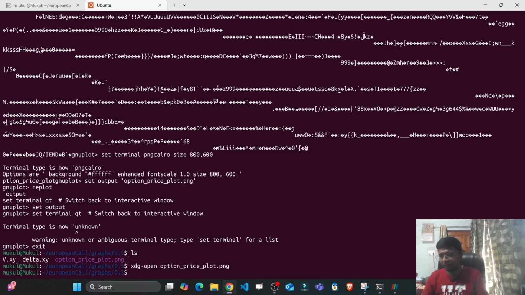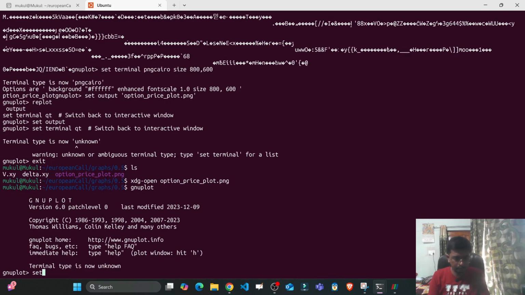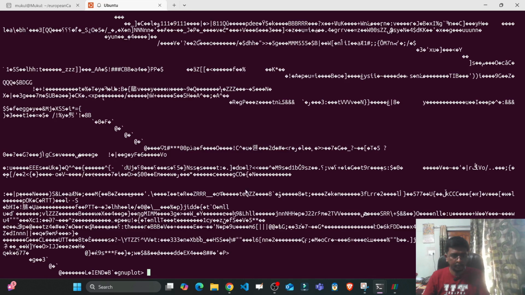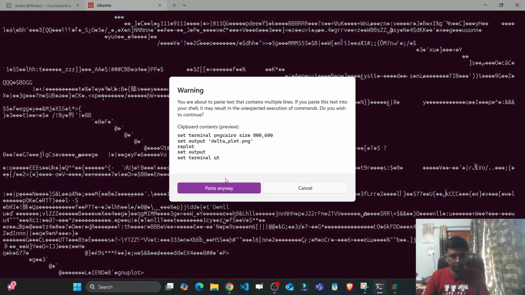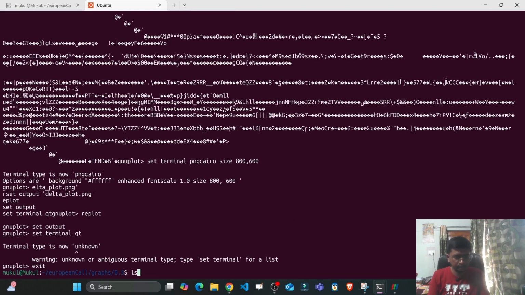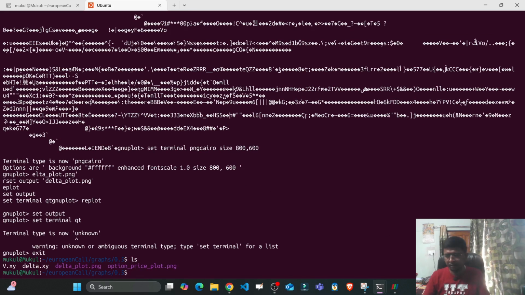So I'll use the same line of commands, where first we will type gnuplot, then we'll set the terminal png, then I will just copy and paste these commands, then I will exit. Then to view it, I will just open it.